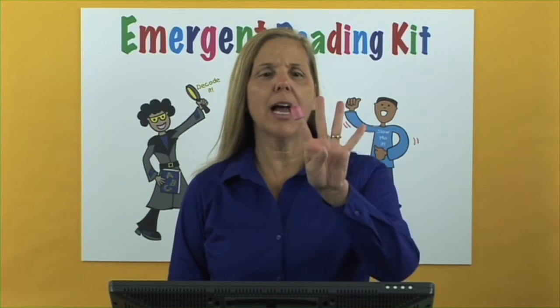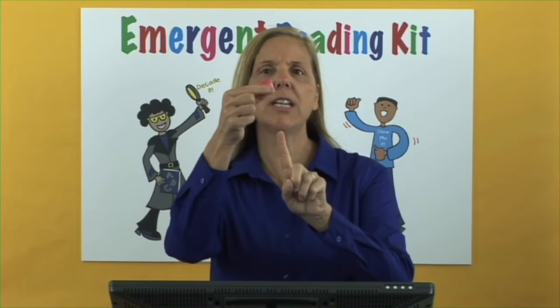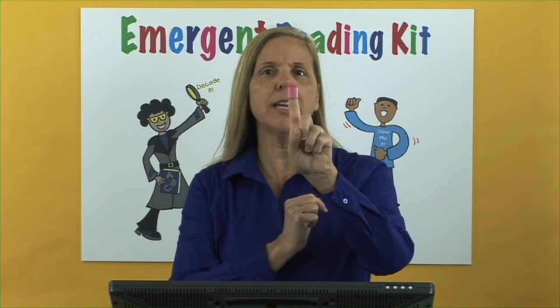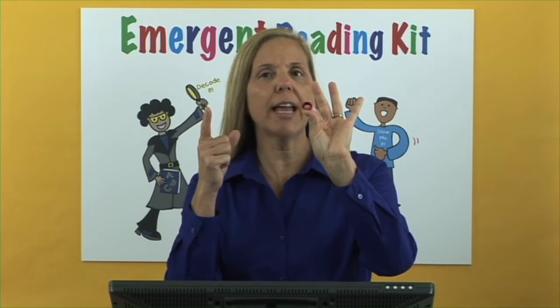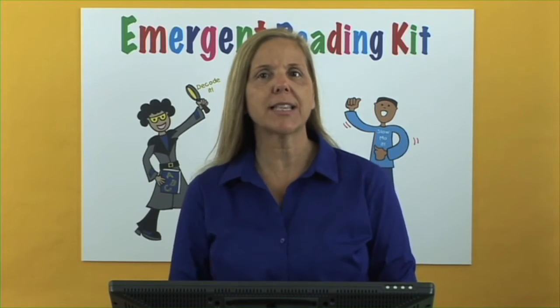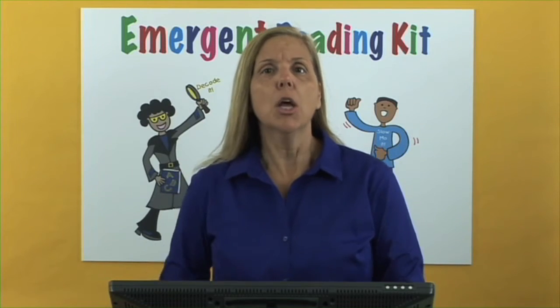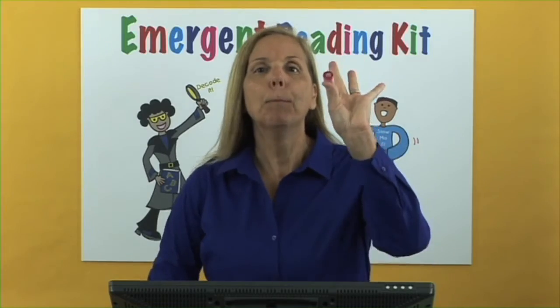And when we write, I use a finger hat. This finger hat shows children that every time I touch the finger that has the hat, we stop, identify what the letter is, and then write it down. So let's go through the whole process again.